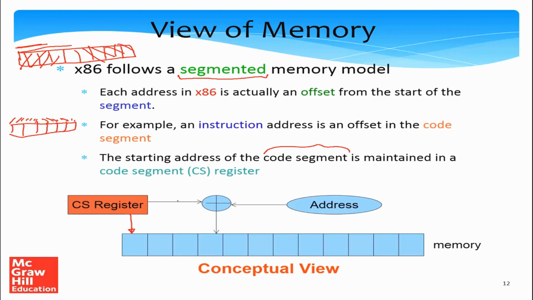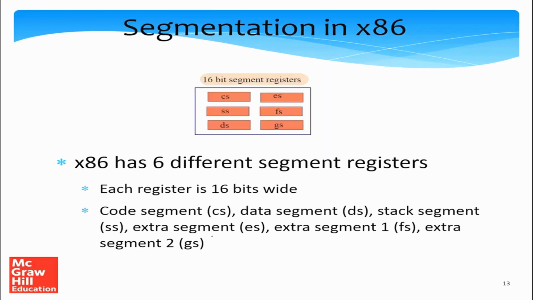So in this case, we take the value of the segment register, we take the value of the address and we add them, and then the result points to the memory address in which we'll find the data. So this can be extended as follows. x86 supports 6 different segment registers. Each register is 16 bits wide.